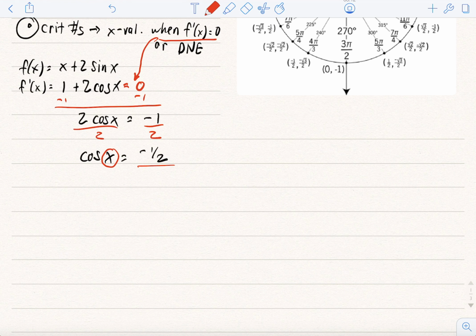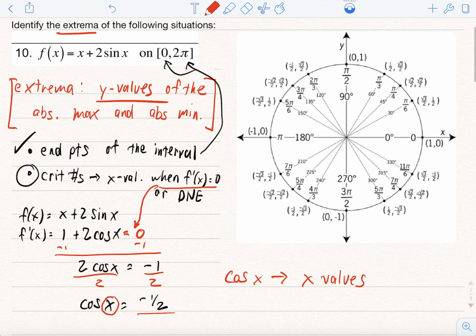To remind ourselves, cosine on a unit circle deals with the x values on the unit circle. So I'm looking for what angle is going to give me an x value of negative 1/2. Let's look at all the x values here. Is it that? Is it that? Is it that? Nope, none of them are negative 1/2.